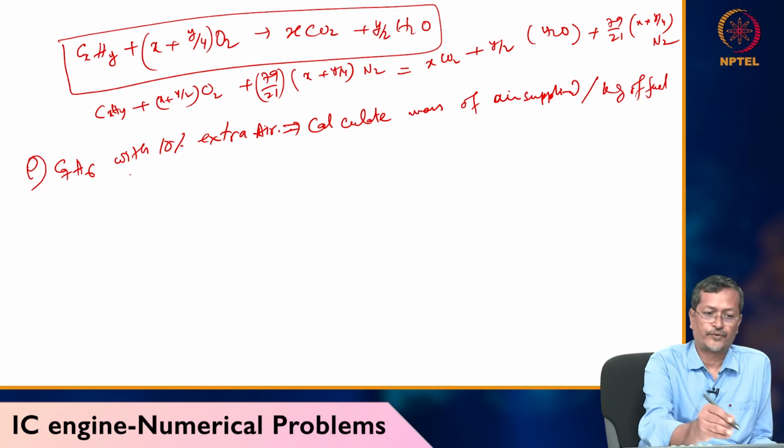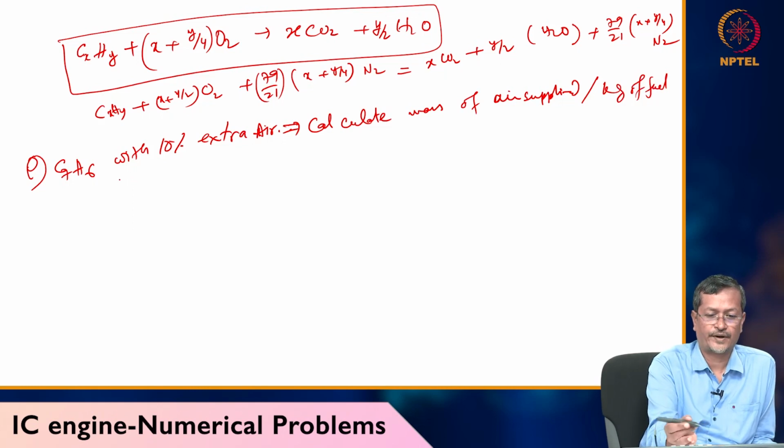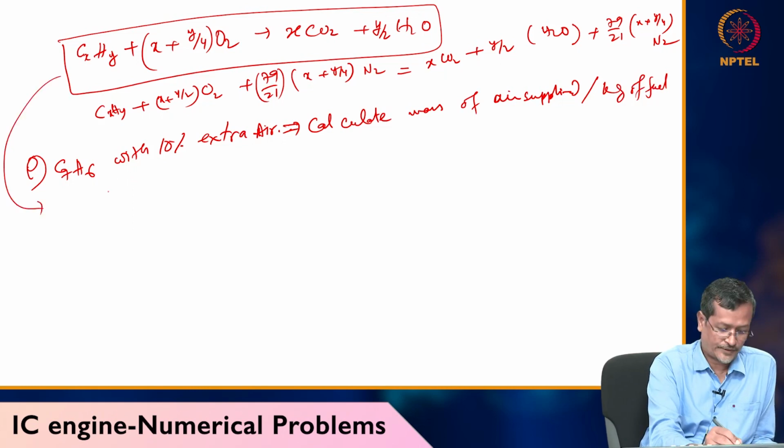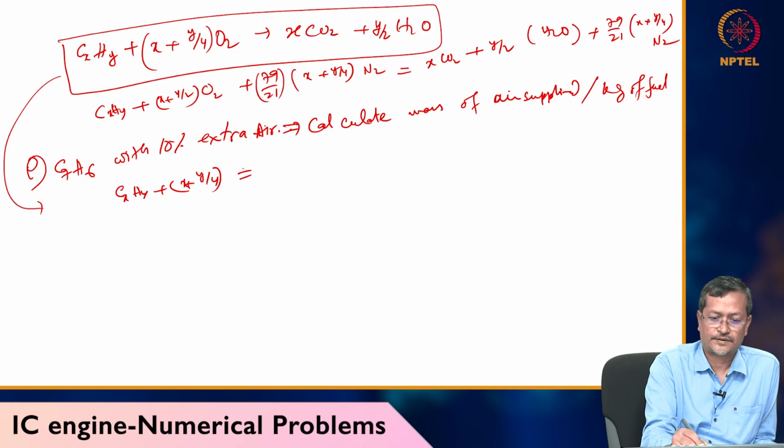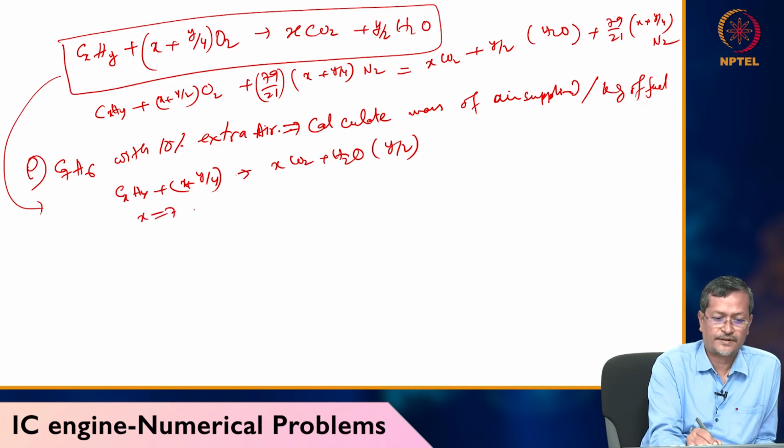Solution, how can you do it? You can put this equation CxHy from the previous, and from there derive C7. CxHy plus (x plus y by 4) O2 gives, I'll put an arrow, x CO2 plus y by 2 H2O. Now the x and y values are given here, C7, so x equals 7, y equals 6.